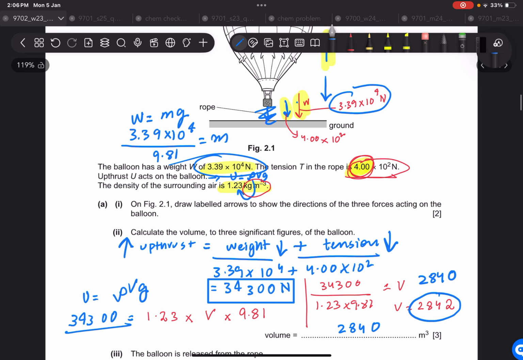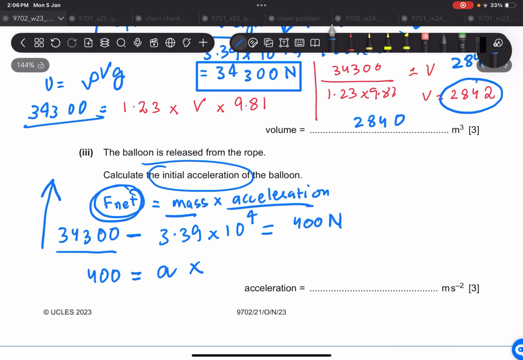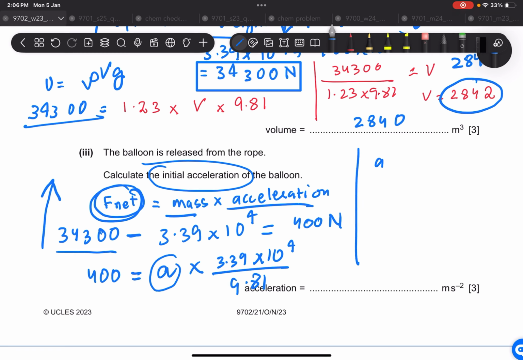So we plug in 3.39 into 10 raised to power 4 divided by 9.81, which is going to give you the mass. Now simply find the value of a. a equals 400 times 9.81 divided by 3.39 into 10 raised to power 4.